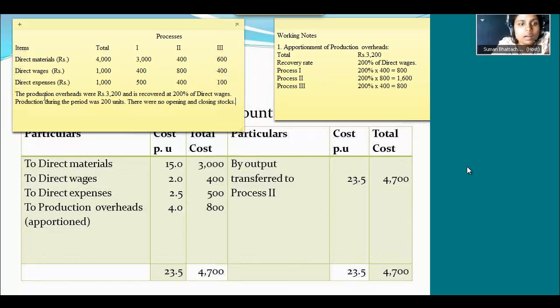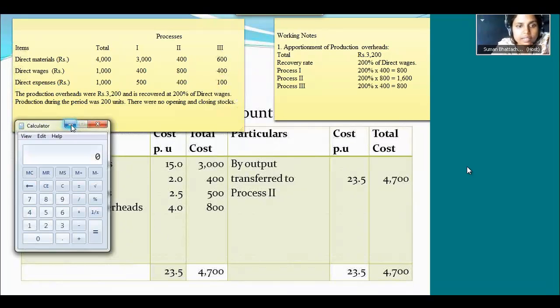Then the production overheads, how much? 3,200, and it is recovered at 200% of direct wages. So the total production overheads are 3,200, and for process 1 it should be 200% of direct wages. What is our direct wages in process 1? 400.